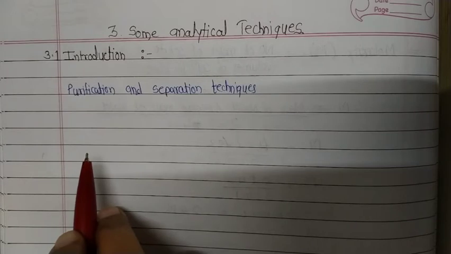So, analytical techniques are used for purification and separation methods. Methods of purification and separation of compounds depend on the different physical properties of these compounds.